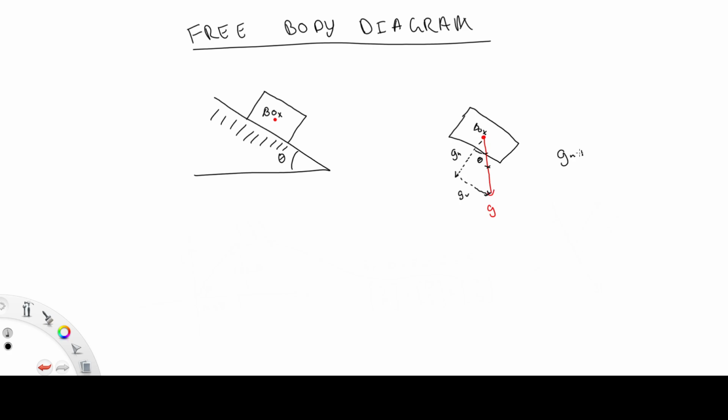So G horizontal plus G vertical equals G essentially, right? So that's what I'm putting down. And these are all vectors. All vectors, just put like a hat above them, right? All vectors need like a hat or like a line above them or something like that.